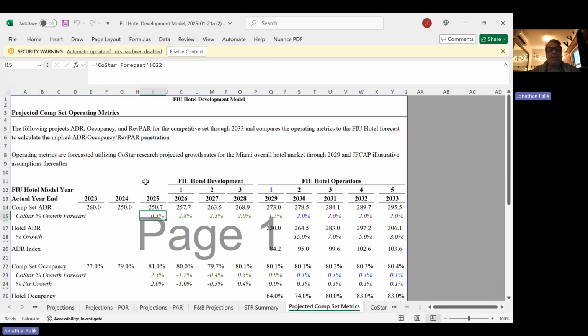You could have different projections and think that ADRs are going to grow more than this or less than this, right, for the Brickell market, for the Miami market. But what we're doing is we're projecting what the competitive set ADR will be through the end of our 5-year projection period. Okay?